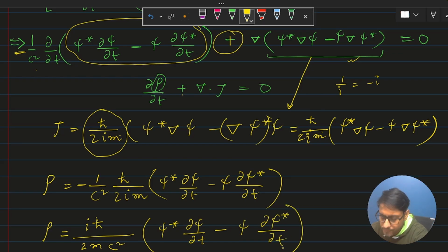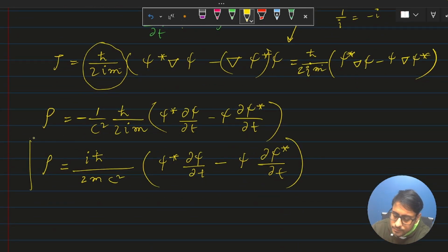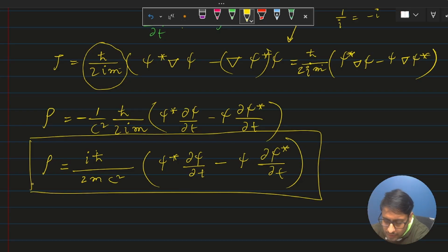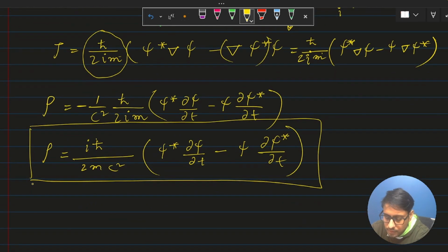So this is the rho. Sometimes this is also called the charge, because we write it in the continuity equation for charges also, so this physical quantity may be referred to as charge.